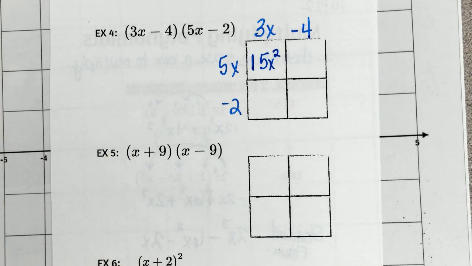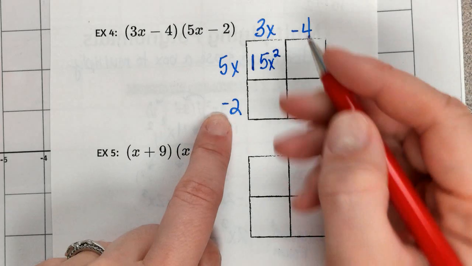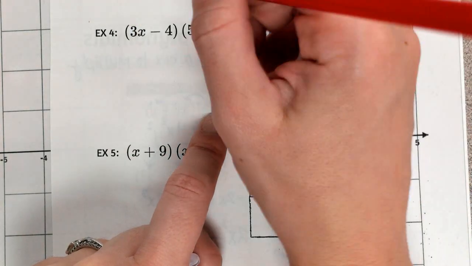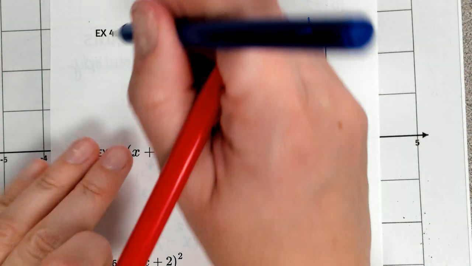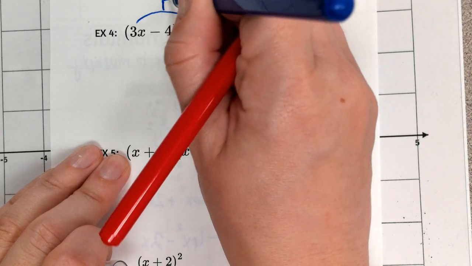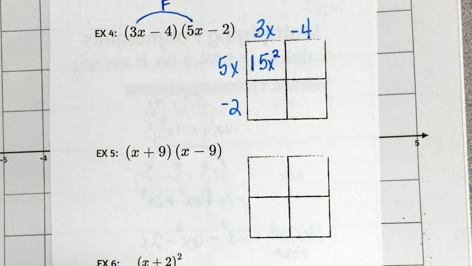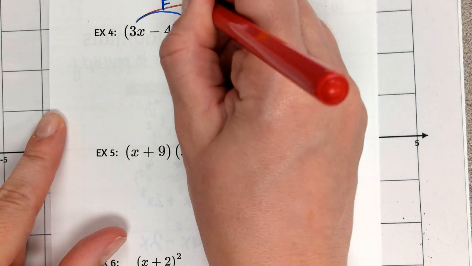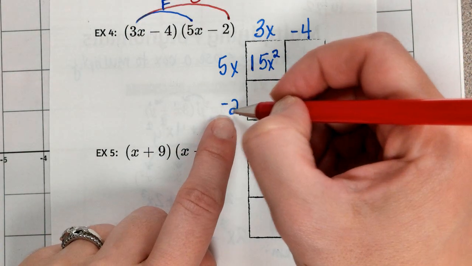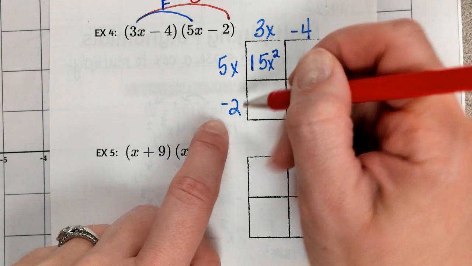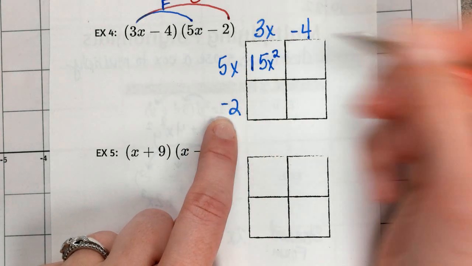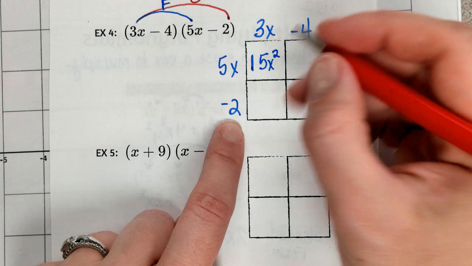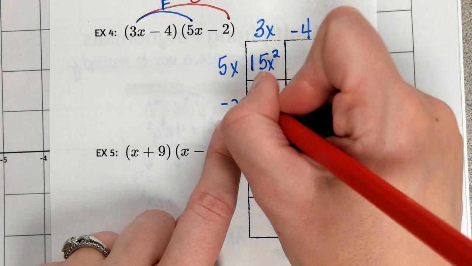Okay. And then, so that's like the F in FOIL, right? I'll try to do it at the same time. That was the F in FOIL. Okay. Now I want to do the O in FOIL, the two on the outside, so I'm going to do this -2 times 3x. What's -2 times 3x? -6x.